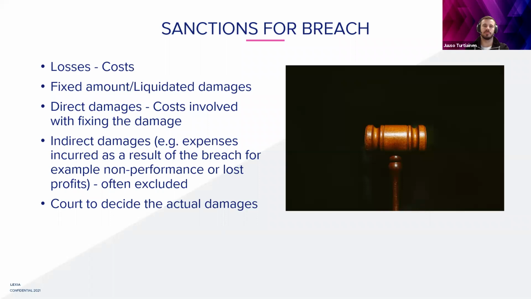Often agreements have that disputes are resolved by way of court. Unless then, of course, it might be easier to initially start by negotiating and discussing the breach, and if a result can't be found, then taking the matter to court, where the court will decide the damages to be paid to the other party for that breach.